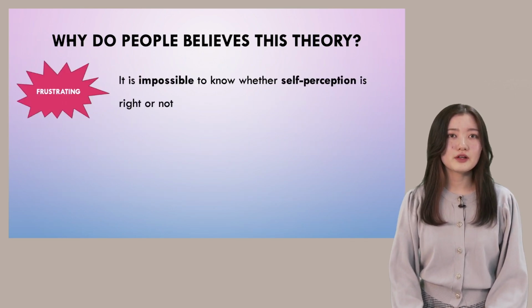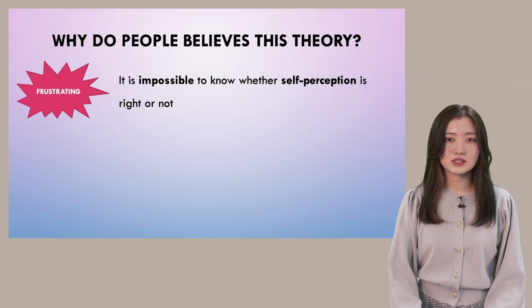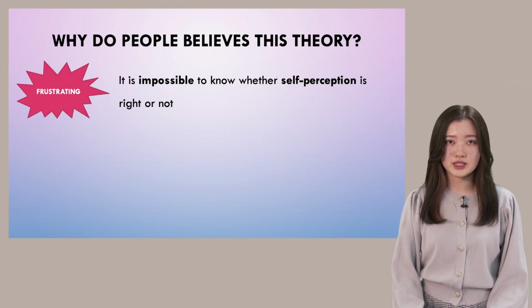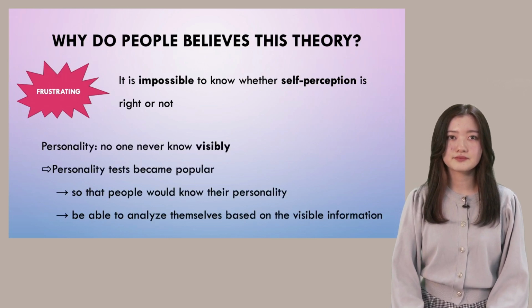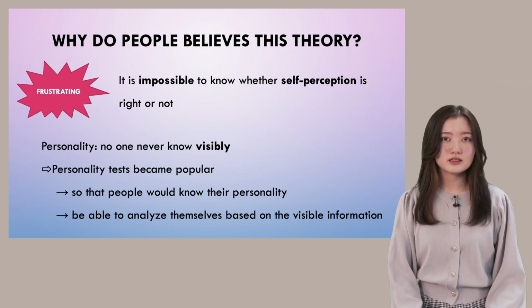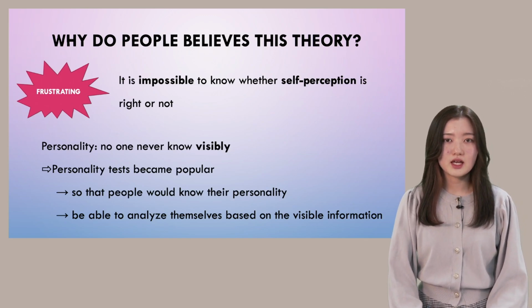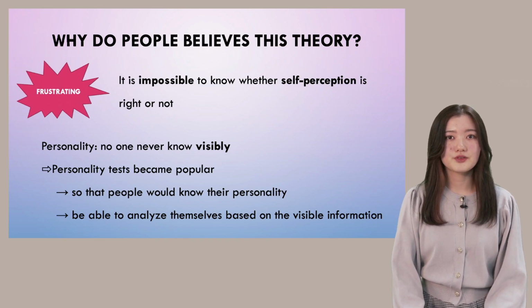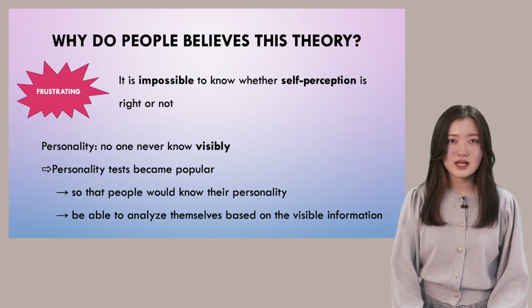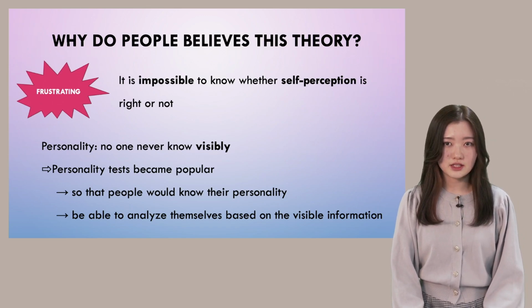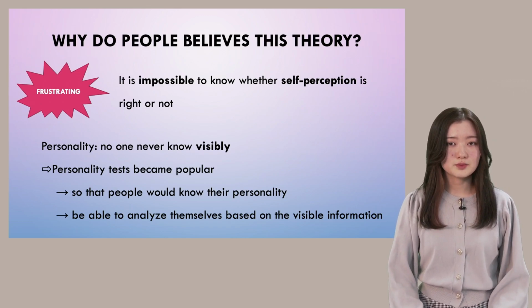Also, people find it frustrating because it is impossible to know whether their self-perception is right or not. Because personality cannot be seen, personality tests become popular so that people can know their personality and analyze themselves based on some visible information.